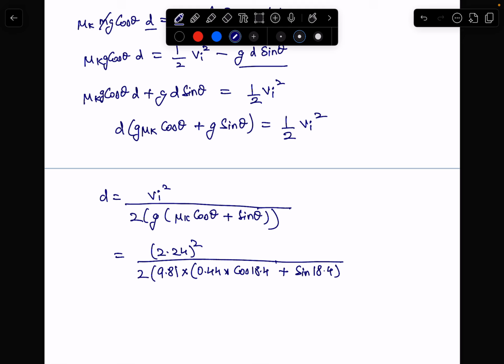Putting all this in the calculator: 0.44 cosine of 18.4 plus sine of 18.4. The value I get is 0.35 meters. And that's the answer, I think.